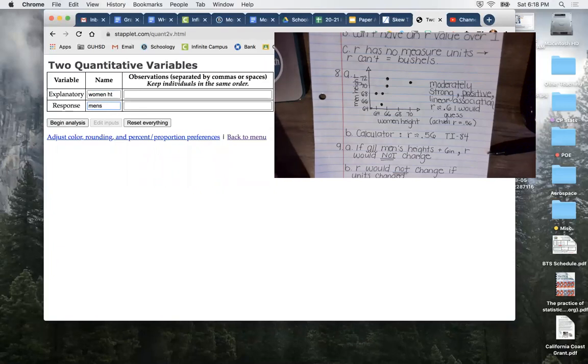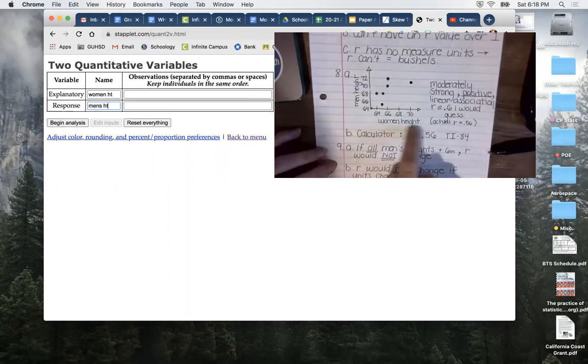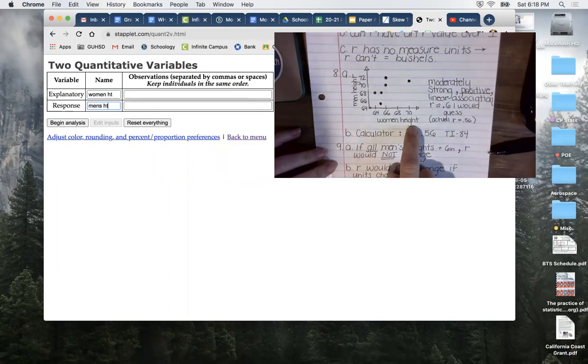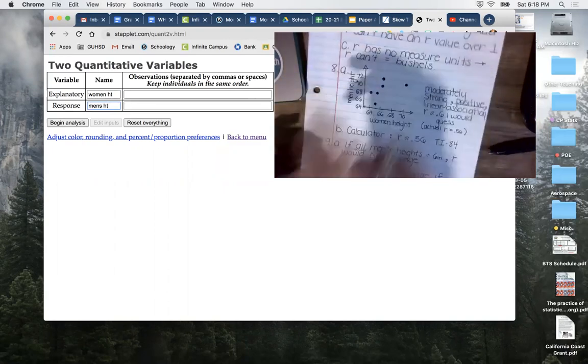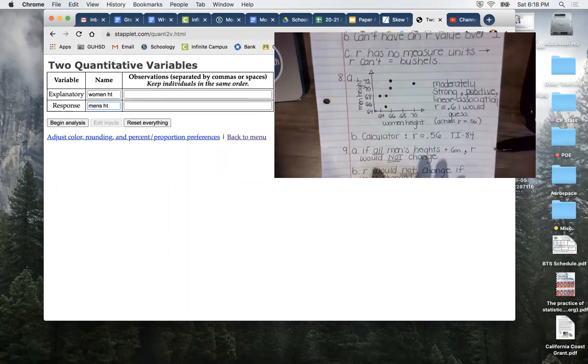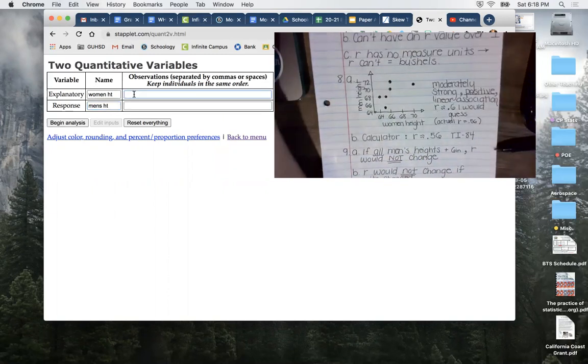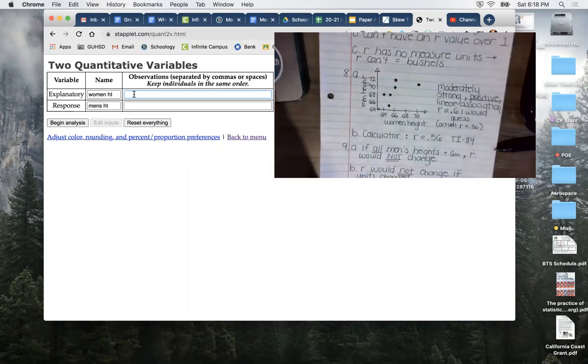Now, this one, I actually would take either direction here, but in the context of the problem, she's using her roommates' heights to see if there's an association with them dating taller men. So my explanatory, I'm going to take women's height and then look at the men's height from there.